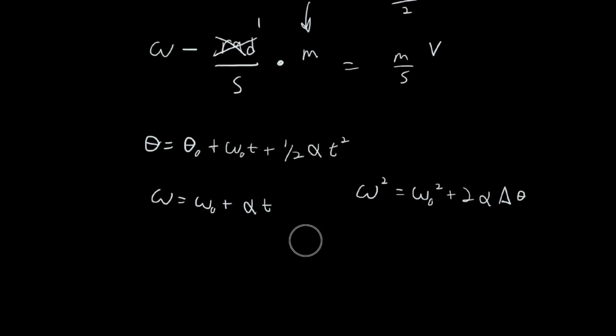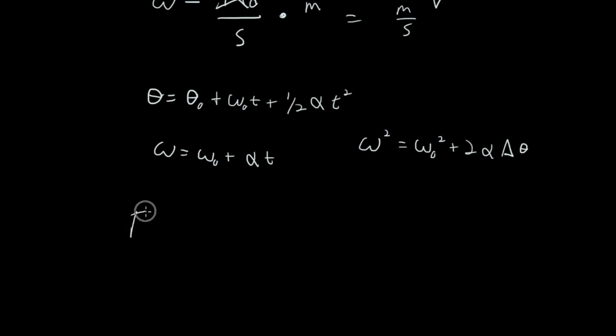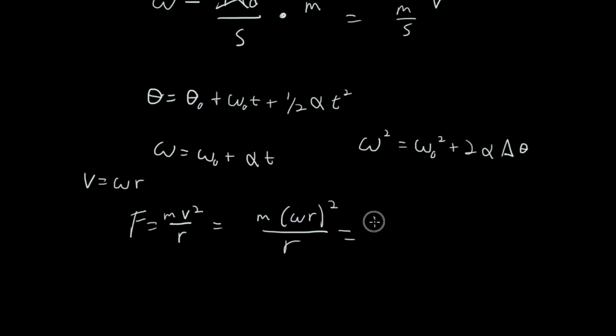What about the centripetal force equation? Remember, that was F equals m v squared over r. Well, we could say that v equals omega r. So we could substitute this in. So we could say m times omega r squared over r. That would be m omega squared r squared over r.